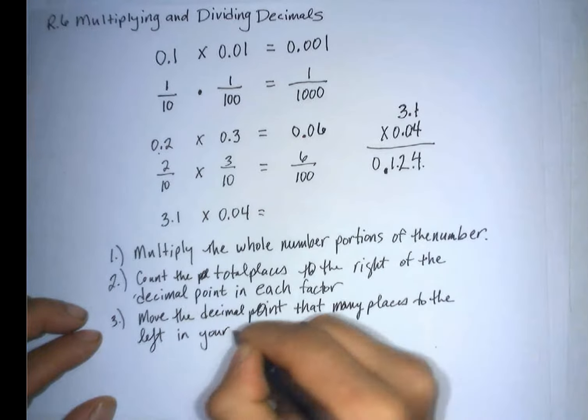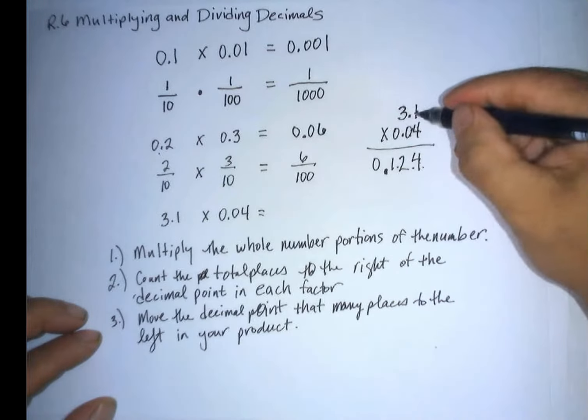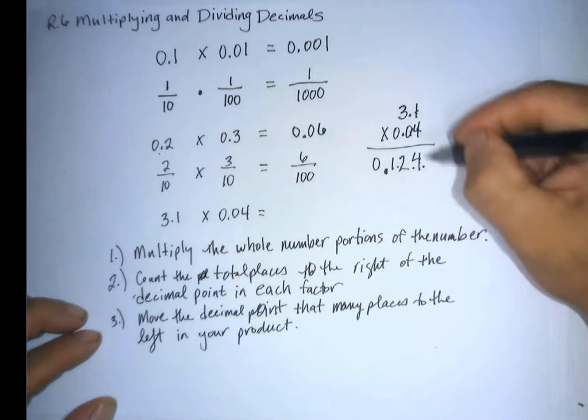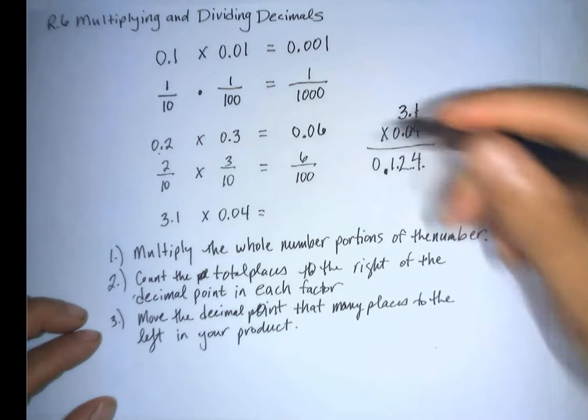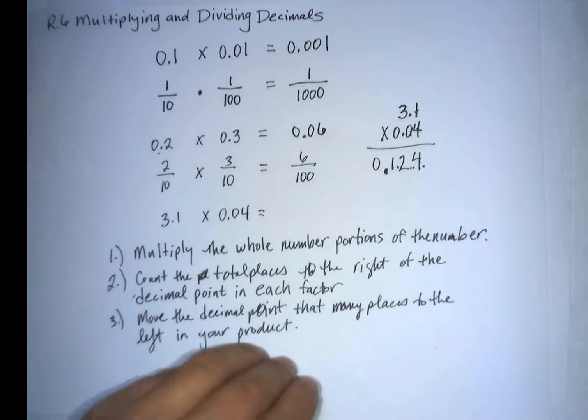So we counted 1, 2, 3, and we move the decimal point. Remember, the decimal point in whole numbers is always going to be to the right. 1, 2, 3, and we put a 0 in front of there. Okay, so that's multiply. How about division? Now, dividing decimals is a little bit easier, believe it or not.